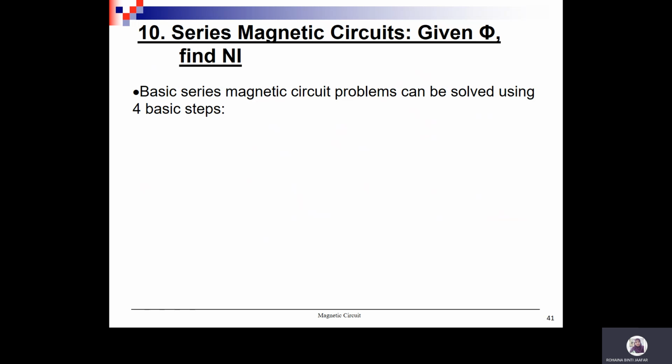First we look into analyzing the series magnetic circuit given phi, and then you have to find Ni. The basic series magnetic circuit problem can be solved using 4 basic steps. These are the steps that can guide you to solve magnetic circuit analysis problems.